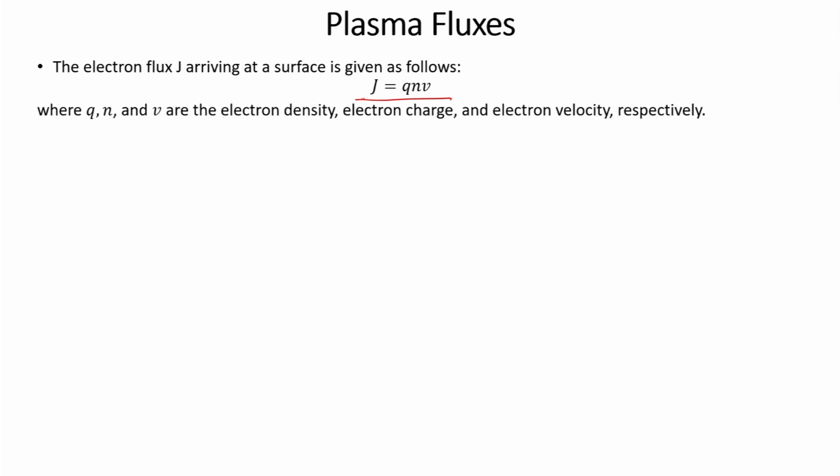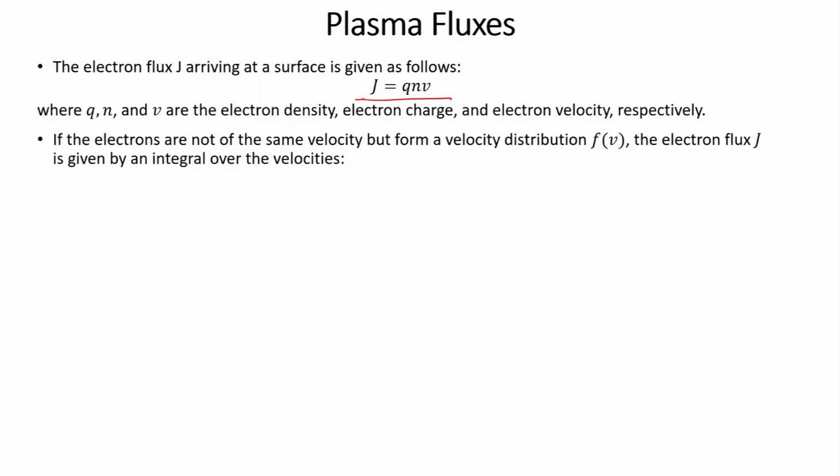This is the formula, but here V will have a velocity distribution, and in the thermal equilibrium case, considering an isothermal condition T, we can express this by a probability distribution function, that is the Maxwell-Boltzmann distribution function.